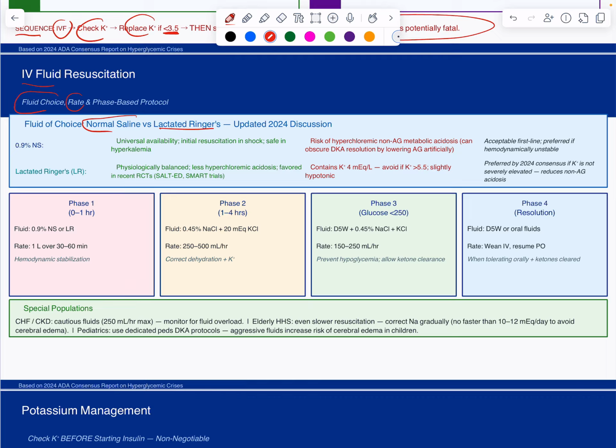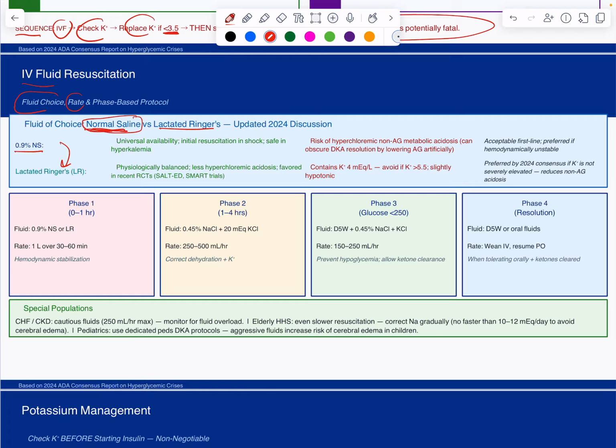Some studies suggest LR can be better than normal saline, but historically and in most protocols, they still use normal saline. So 0.9% normal saline is usually the first line. If there is hyperchloremic metabolic acidosis, in that case you can switch to LR.